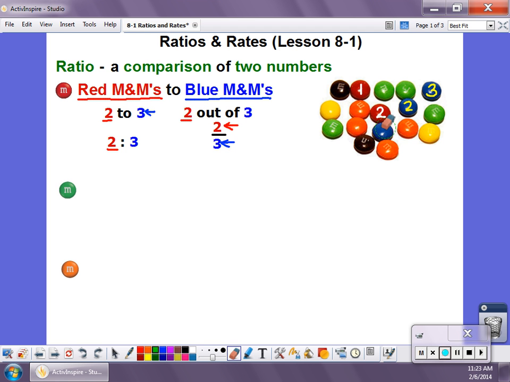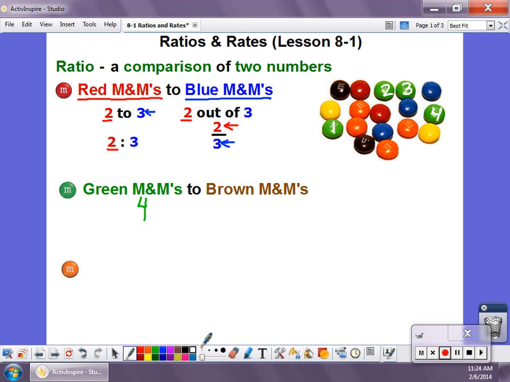Okay? So let's talk a little bit about some other ratios we can write here. Let's compare our green M&Ms to brown. I have 1, 2, 3, 4 green M&Ms, so I've got 4 greens to 1, 2 browns.